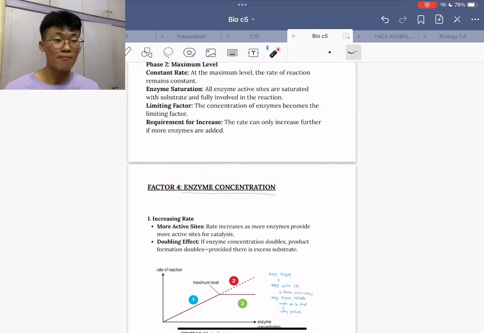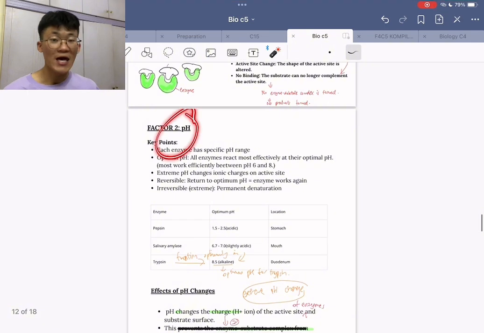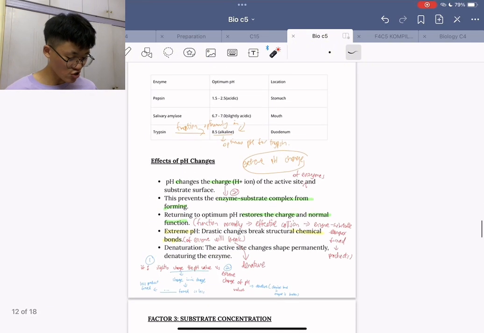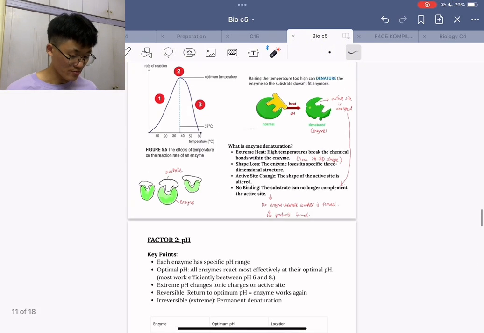You have many enzymes, but you don't have enough substrate to form the enzyme substrate complex. The same goes for substrate concentration. And then pH: every enzyme has its own optimum pH. If you slightly change it, I cannot form the enzyme substrate complex. If you change the pH extremely, the enzyme denatures.